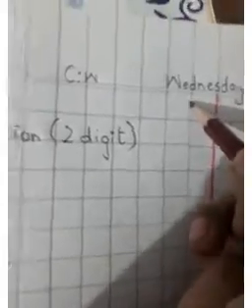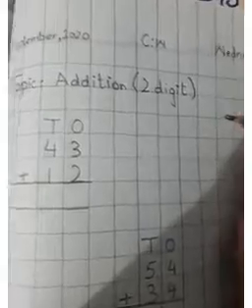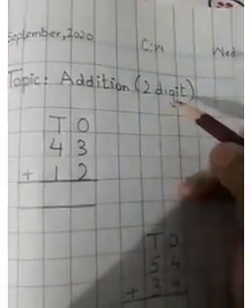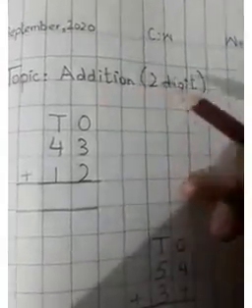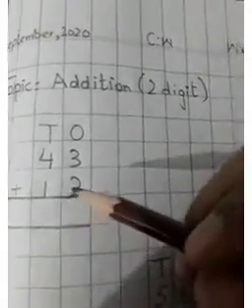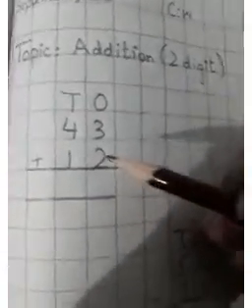And I'm sure up till now you've learned the spelling of days, right? Okay. Topic: addition, 2 digit. Addition means adding up, to add something.